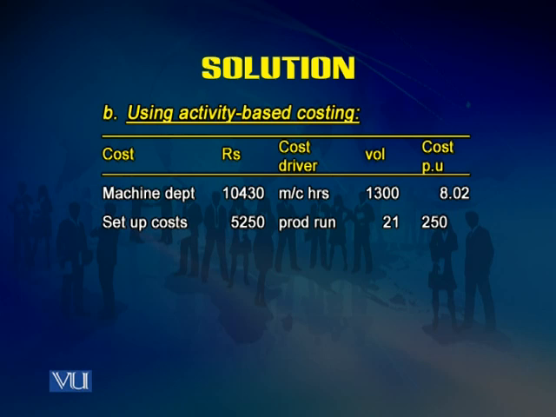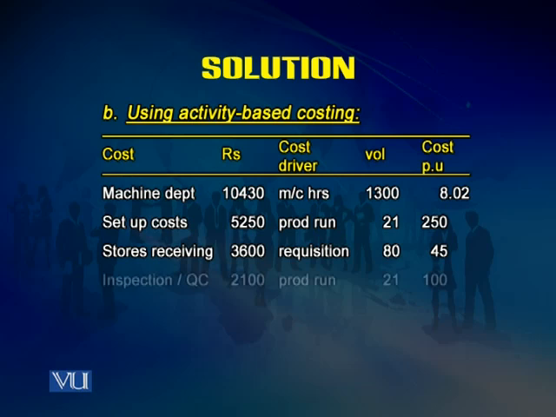Production runs are 21, and therefore the cost per unit for setup costs by using production run as the cost driver is 250. Stores receiving, 3,600 was the overhead cost. We are going to use requisition as the cost driver, and we are told that there are 20 requisitions per product. For 4 products, that gives 80 requisitions, and the per unit cost is 45.